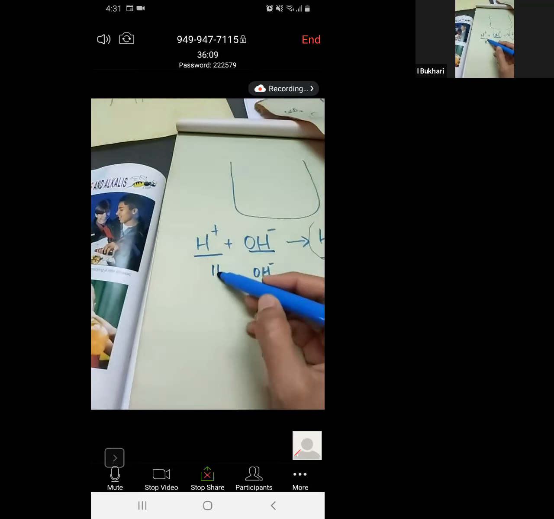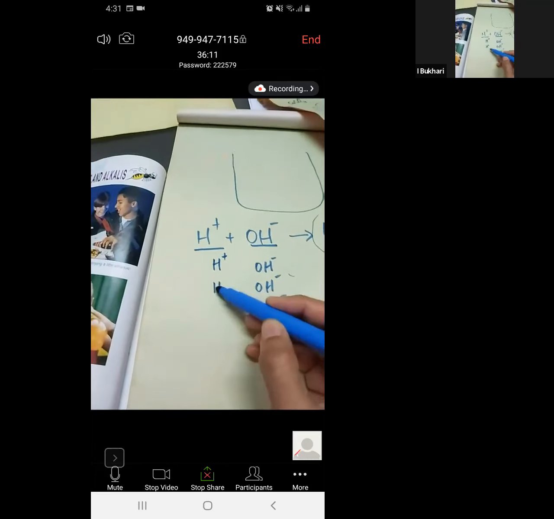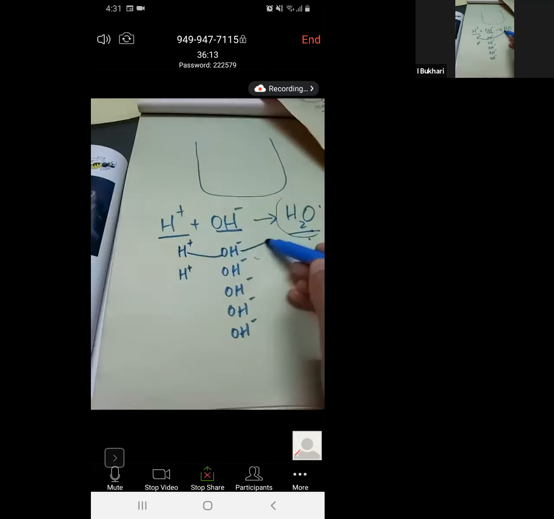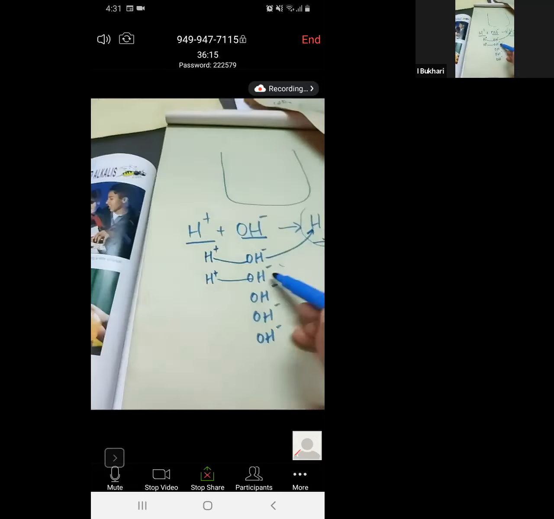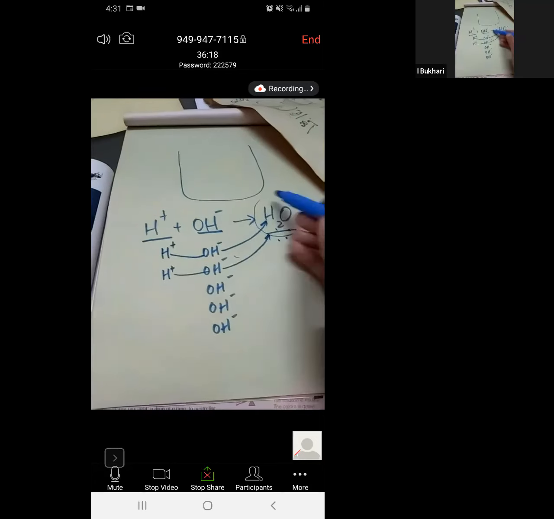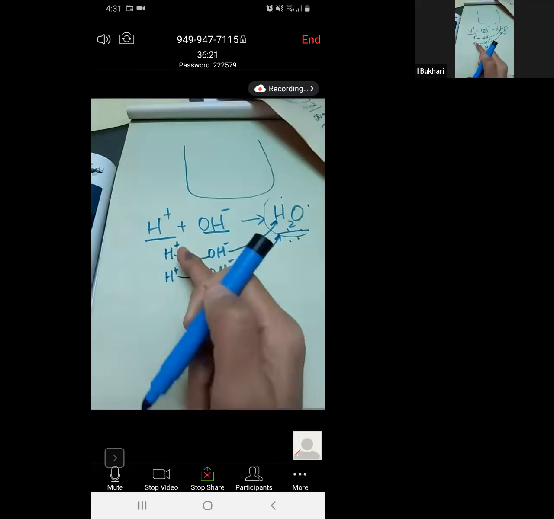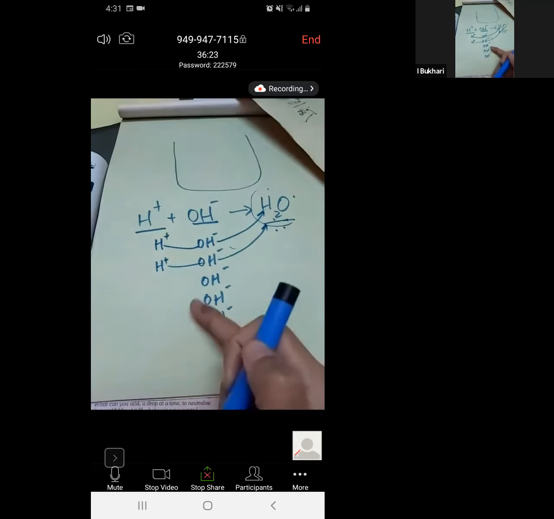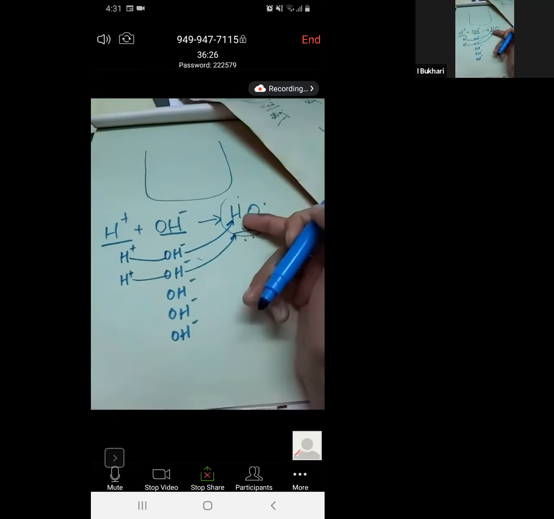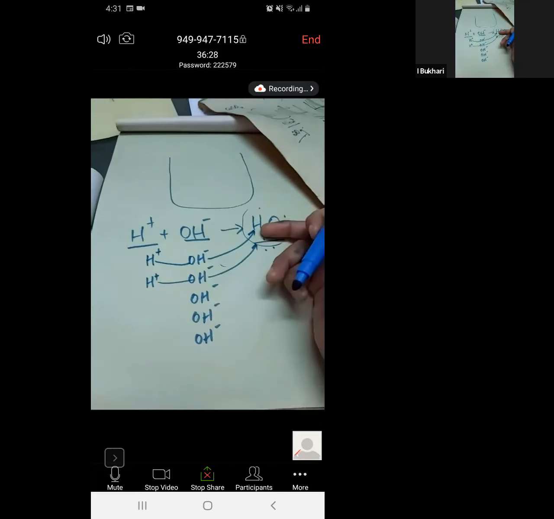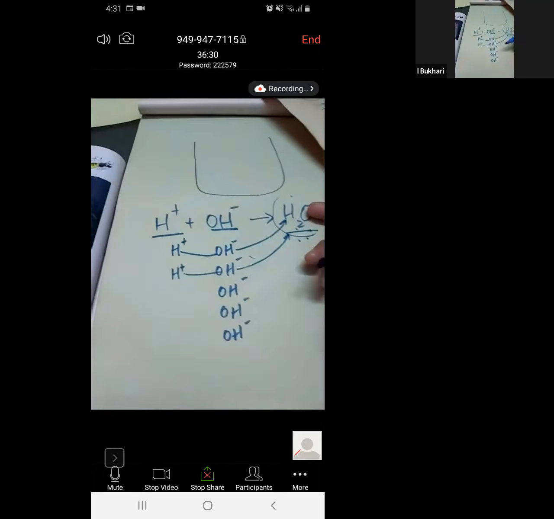But when you add acid, that means you're adding hydrogen ions, they will combine to give water, this simple covalent molecule, which is a bad conductor. So as you add acid, these charged particles are disappearing, getting converted into simple covalent molecules of water.